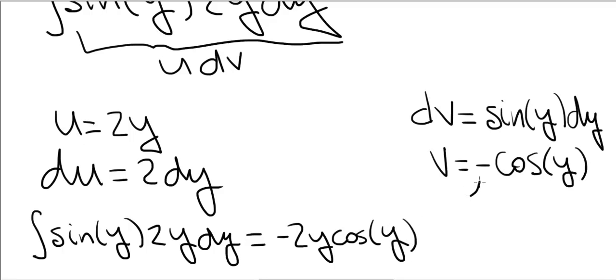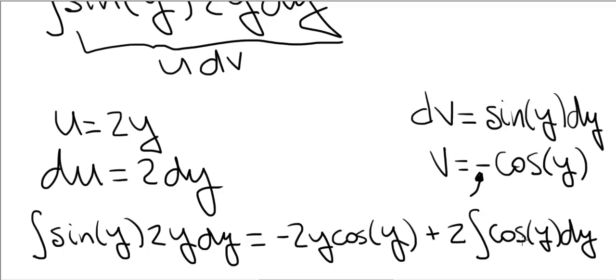But notice that v has a minus in front of the cosine, so that will turn the minus in the formula to a plus twice the integral of cosine y dy, which can be easily evaluated again.